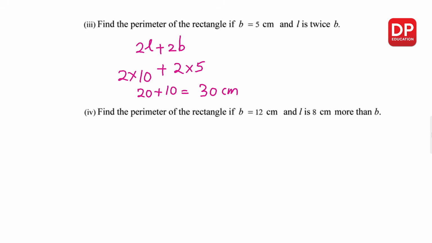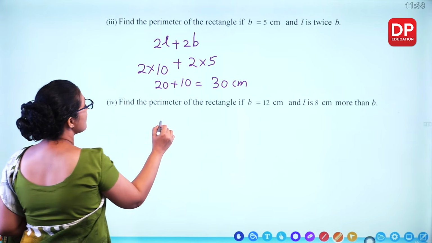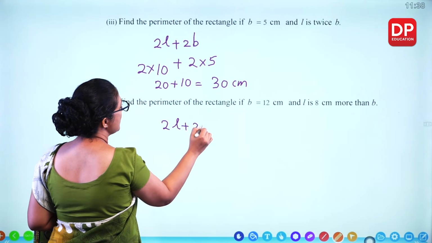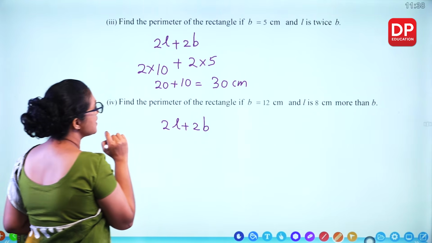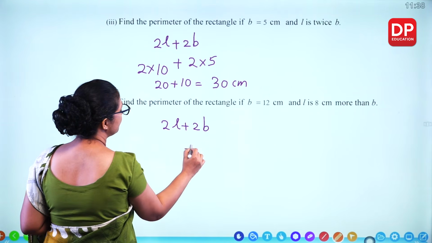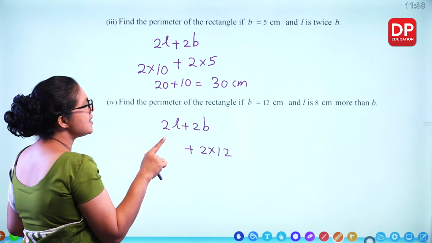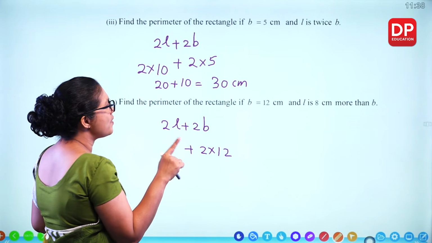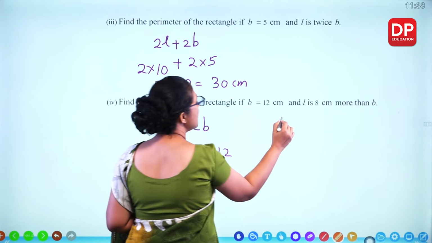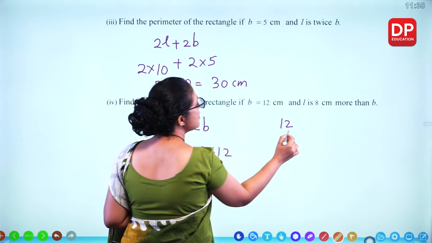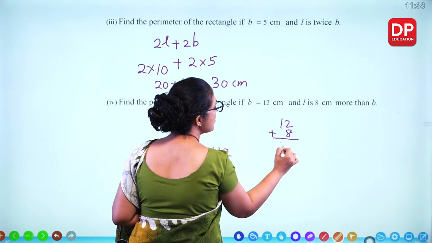Find the perimeter of the rectangle if B is 12 and L is 8 more than B. So 2L plus 2B is the perimeter. B equals 12. L is 8 centimeters more than B. So 12 is B, 8 more than that, that means 20.